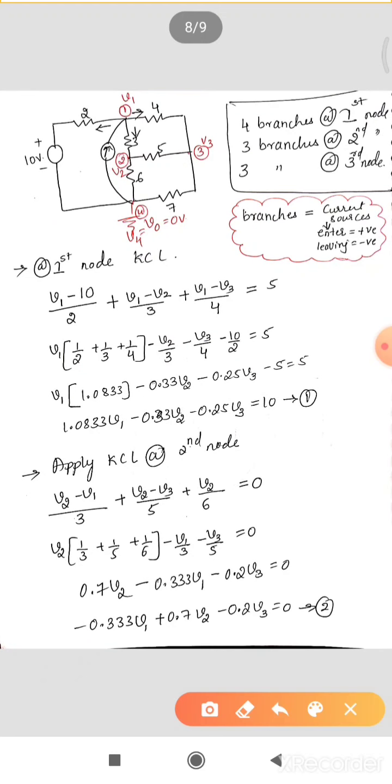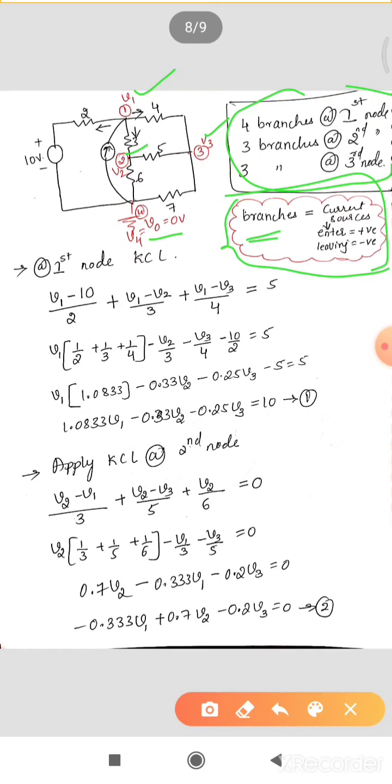Let's solve that. As you know, this is V1, V2 and V3. This is your V0, which is equal to 0 volt. This we have discussed, right? And then what are the assumptions? The branch currents we have to write on one side, which is equal to the current sources, whenever you are applying KCL at each node.